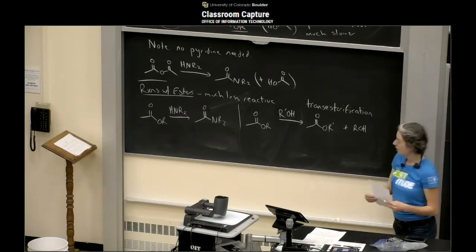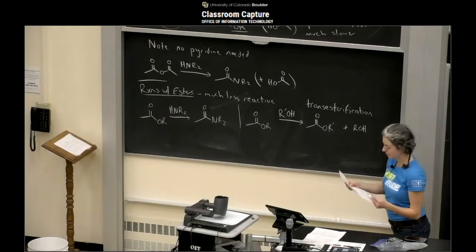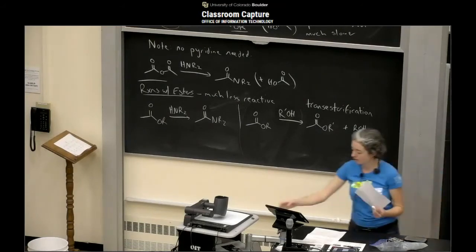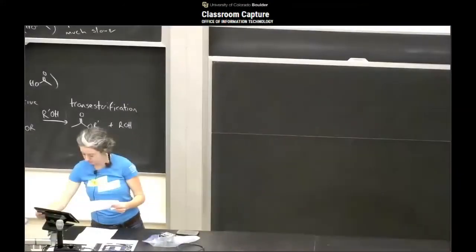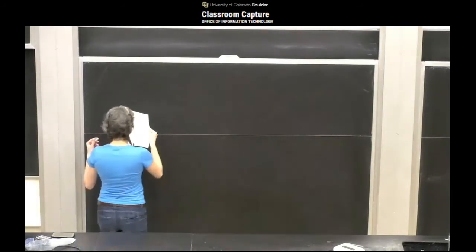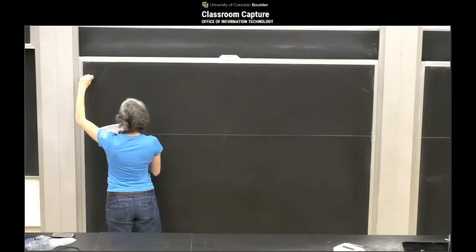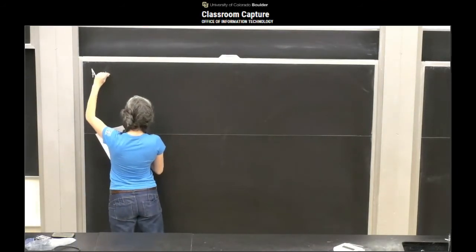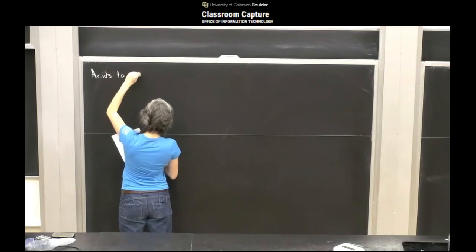Okay. So one last one in functional group interconversions. We haven't really looked at how to make amides from acids, and there's a reason for that.